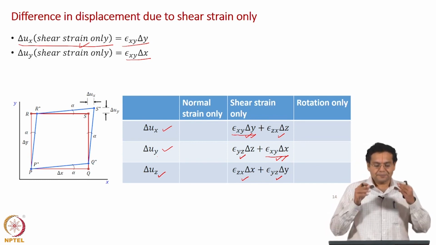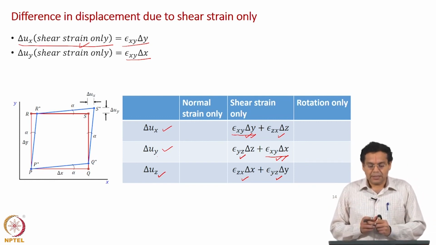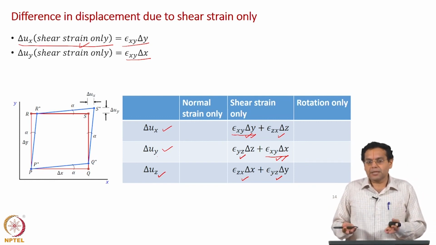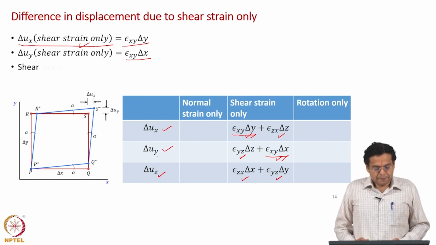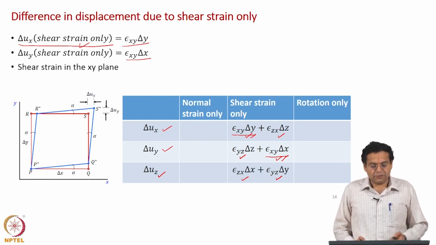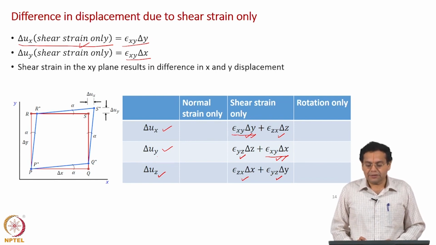Okay. So, strain in one plane, the xy plane for example, causes difference in displacement along the x direction and y direction. That should be kept in mind. Of course, we just now discussed that shear strain in the xy plane results in difference in x and y displacement.